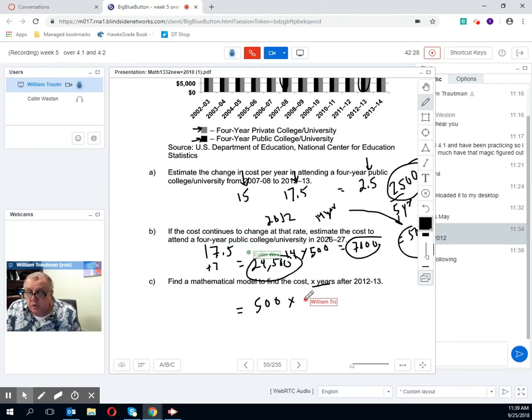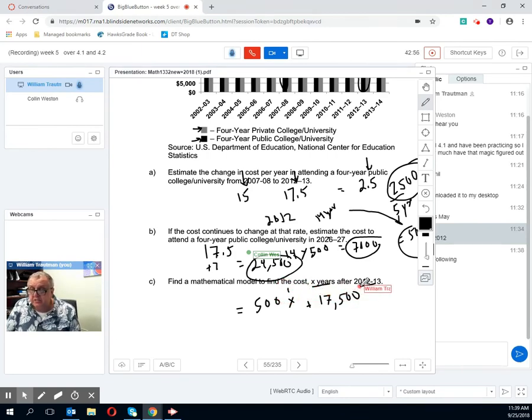And we know after 2012, we started at 17,500. So this is the mathematical model. At 2012, it's 17,500. In 2013, it's 17,500 plus 500. We add a one here. 2 years later is 2014.